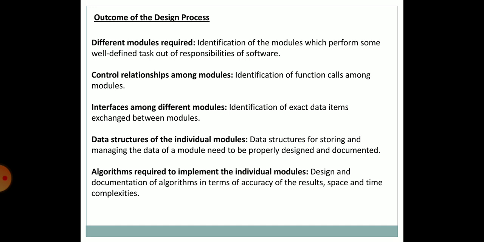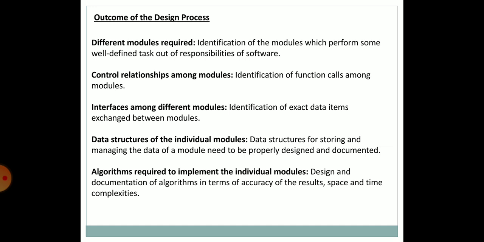Interfaces among different modules are also identified. Interfaces happen by exchanging data between different functions. Although we form individual functions out of the overall responsibilities of the software, there must be some function calls and some data exchange between the different functions.